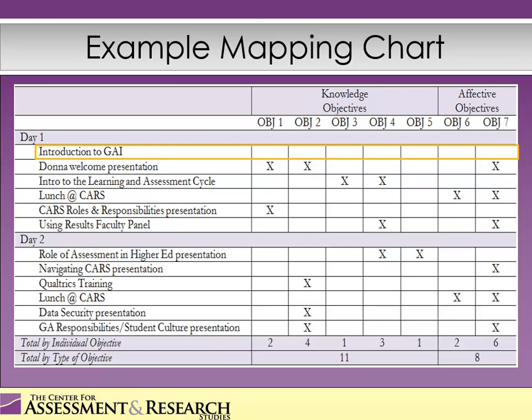This may be cause for concern because if this first session is not aligned with any of our objectives, it most likely is not helping students achieve the things we want them to know, think, or do as a result of our programming. Clearly, mapping objectives to program curriculum can help us identify gaps in which our programming is not aligned with our objectives. Let's look at another example.